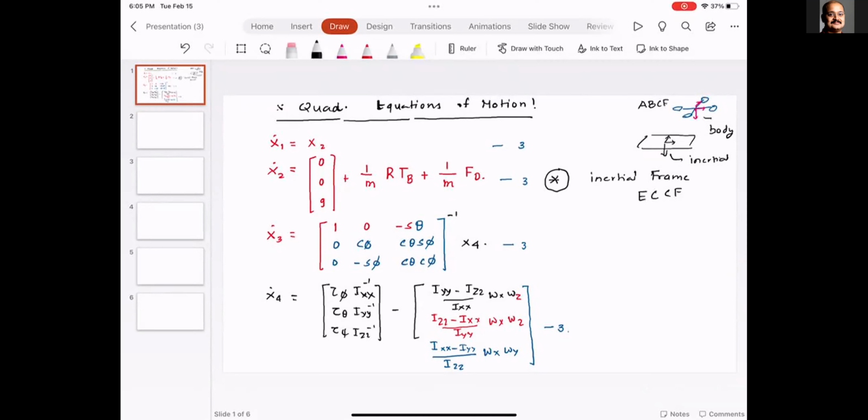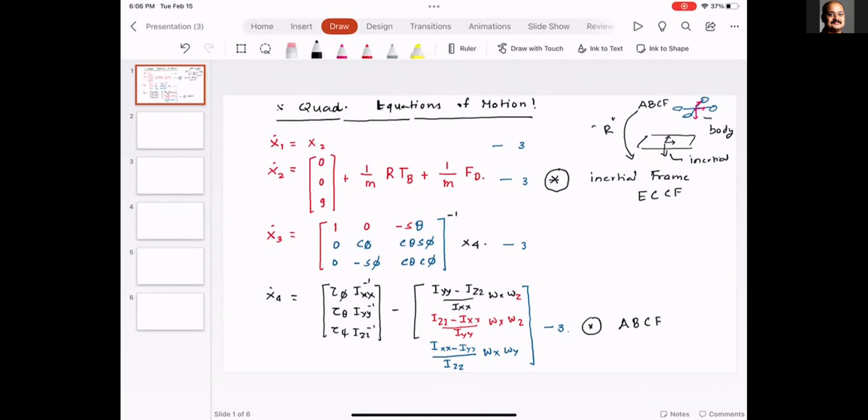This equation is written in aircraft body coordinate frame. Now, some of you may ask me, how is this possible? So please understand, any vector in body coordinate frame, any vector in ABCF, can be transferred to inertial frame using the rotation transformation of roll, pitch, and yaw.